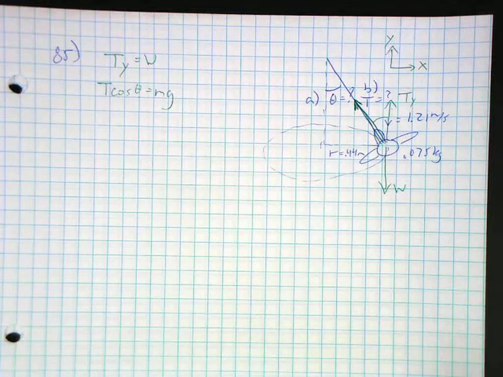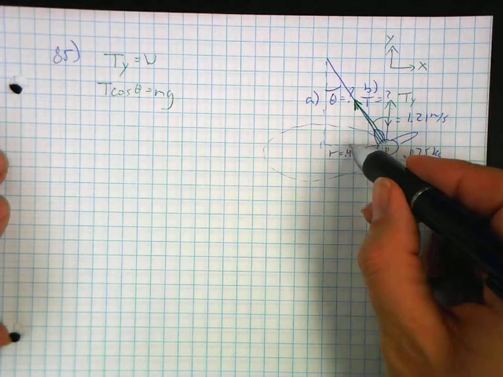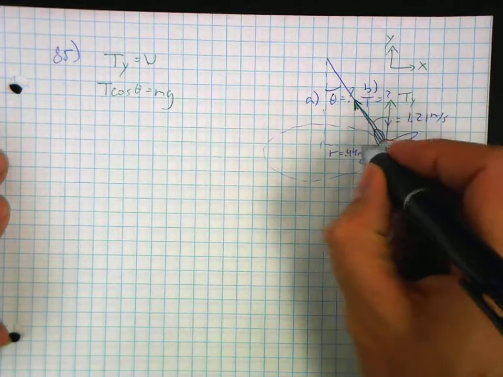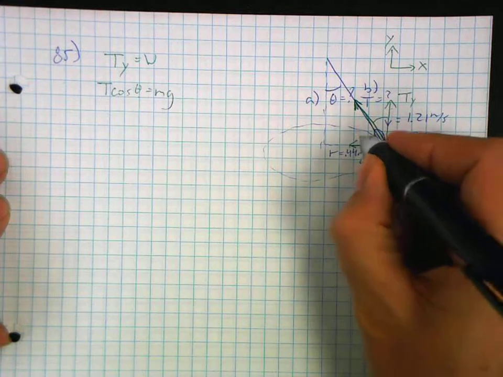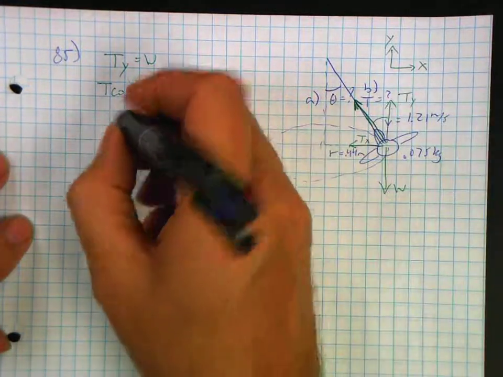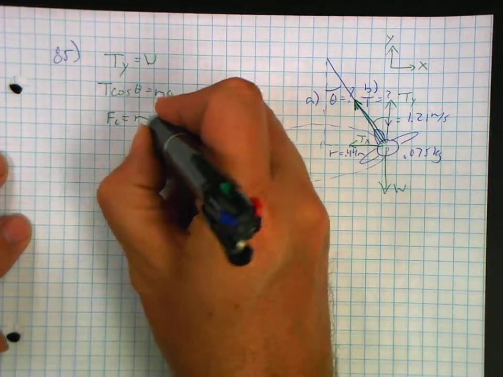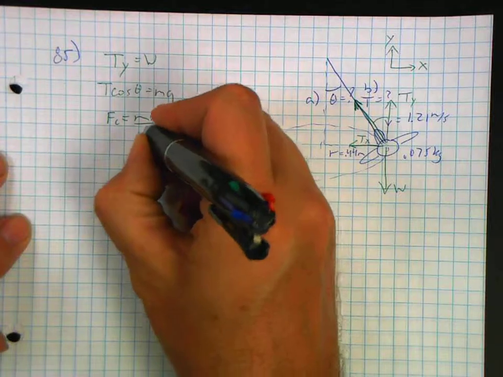So let's take a look in the x direction. In the x direction, we do have a net force. The net force is very obviously the tension in the x direction. And the tension in the x direction is the centripetal force. So, my centripetal force equals mass times velocity squared divided by radius, and it happens to be equal to the tension in the x direction.